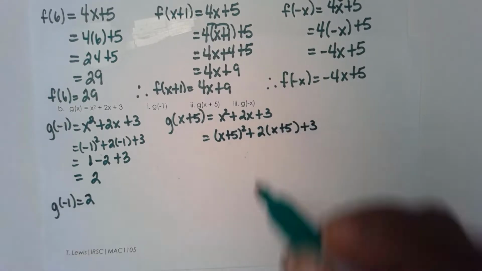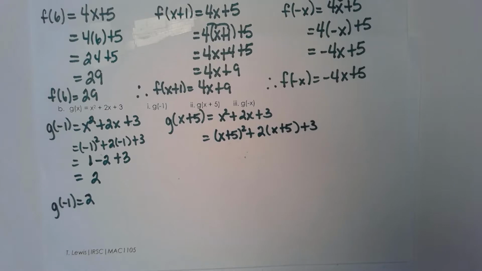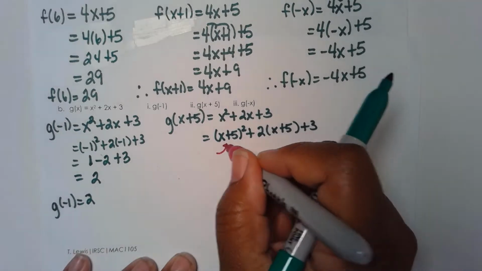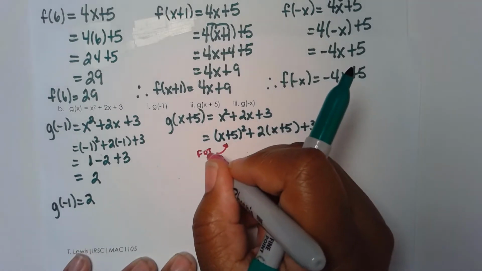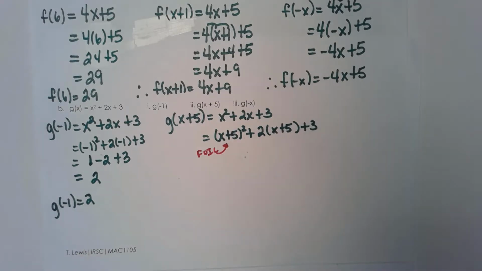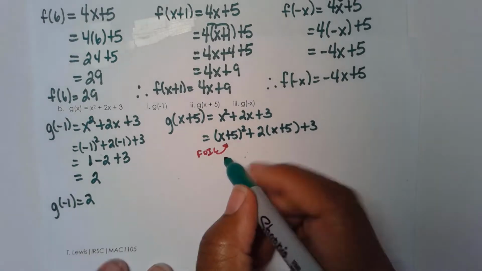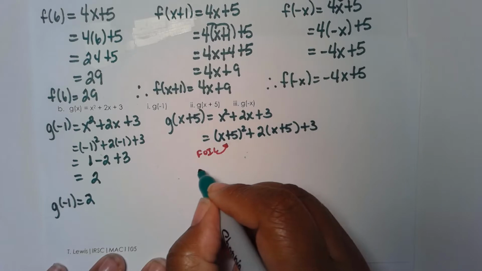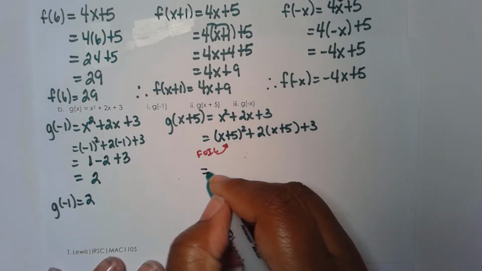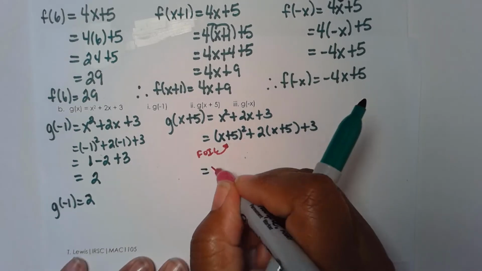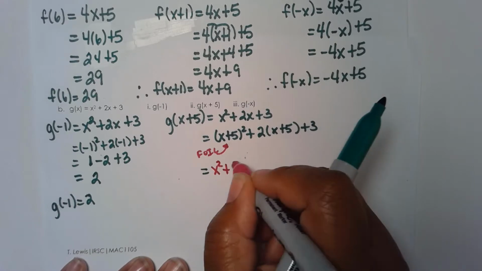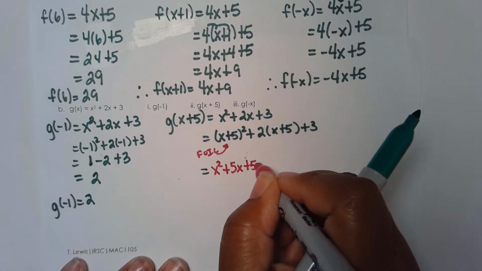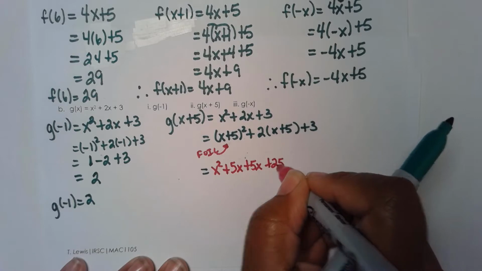Now this x plus 5 squared, you're going to FOIL. X plus 5, x plus 5. So just this part here would give us x squared plus 5x plus 5x plus 25.